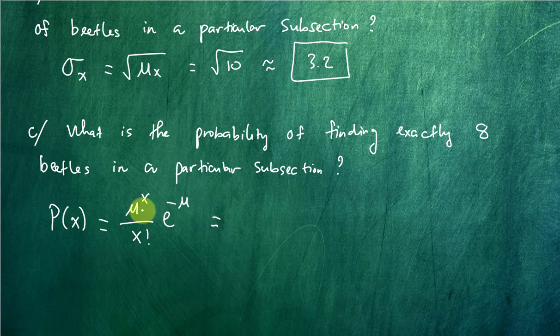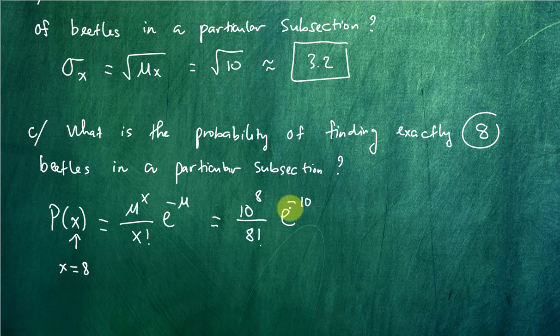And your mu, the expected value, you got from part A, which is 10, and now you want to find when x is equal to exactly 8 beetles. So you got 10, your expected value, to the power of 8 over 8 factorial and e to the minus 10. This is from part A.